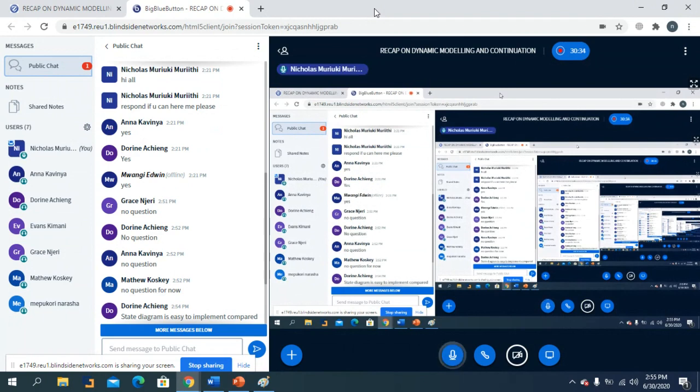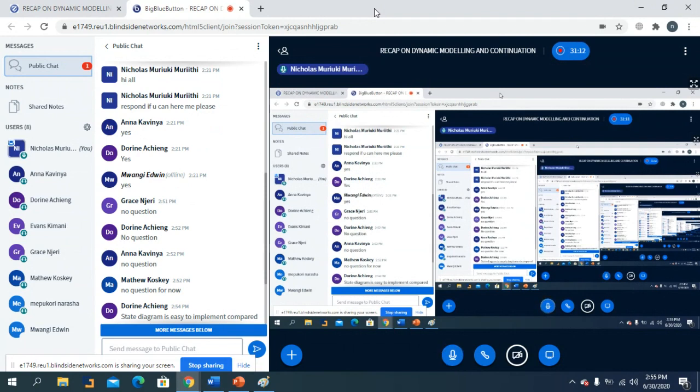Okay, state diagram is easy to implement. Yes, that is correct.